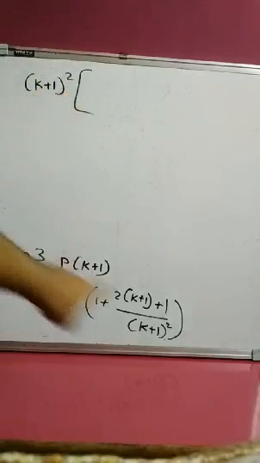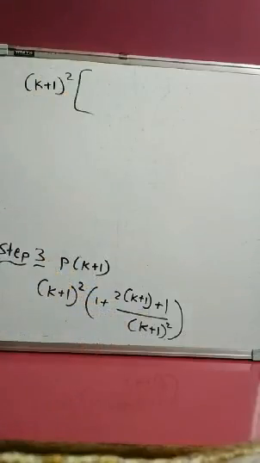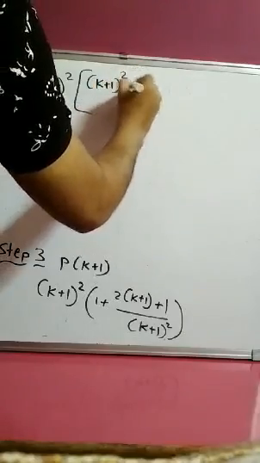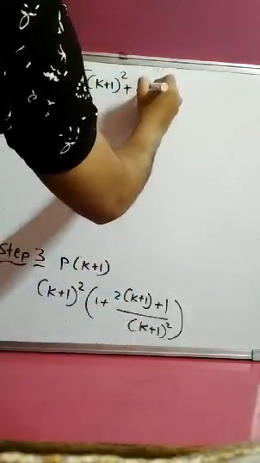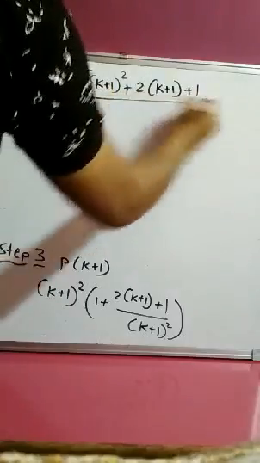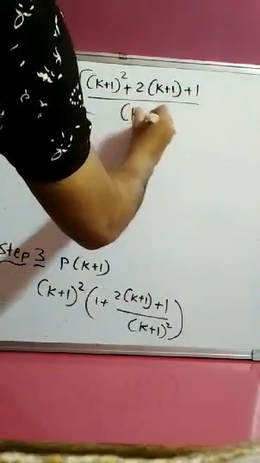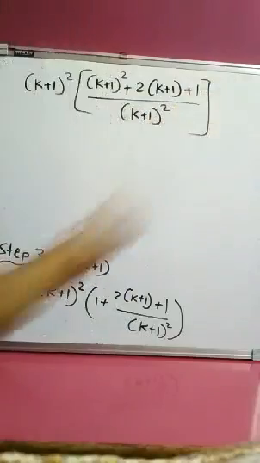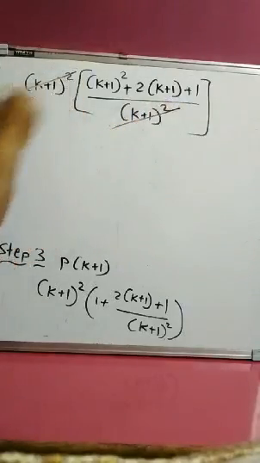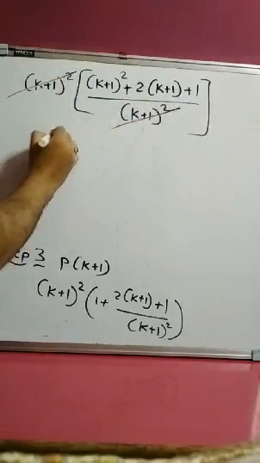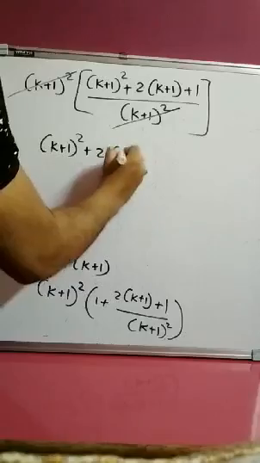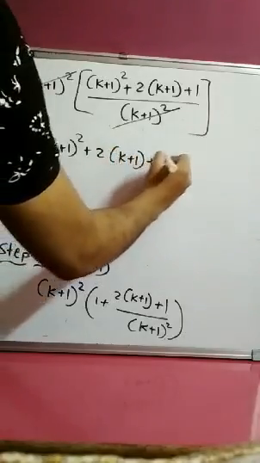Now we cross multiply, k plus 1 whole square into 1, that is k plus 1 whole square, plus 2 into k plus 1 plus 1 divided by k plus 1 whole square. Now this k plus 1 whole square and this k plus 1 whole square cancelled, k plus 1 whole square plus 2 into k plus 1 plus 1.